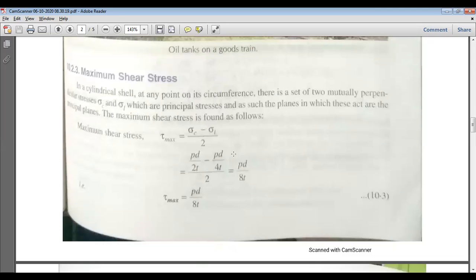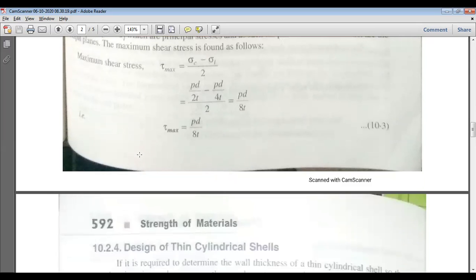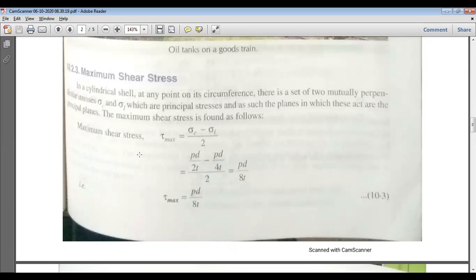So maximum shear stress we can see, tau max is sigma C minus sigma L by 2. How is maximum shear stress calculated? The difference between the two will give us the maximum shear stress. These are two mutually perpendicular stresses, one alongside the circumference, another along the length, at 90 degrees.